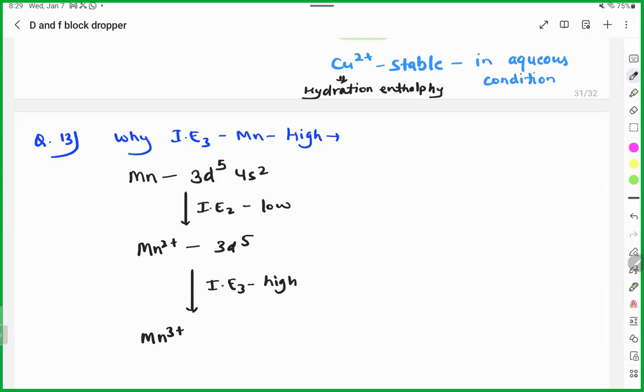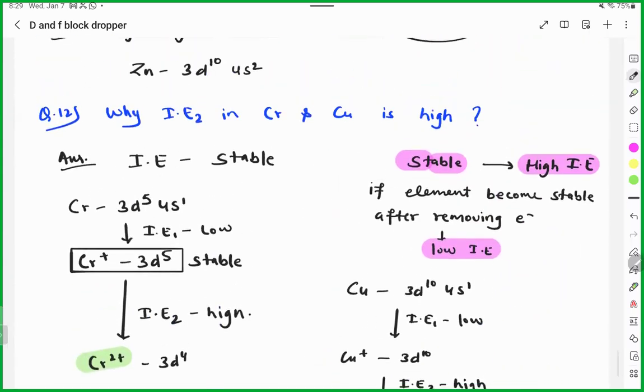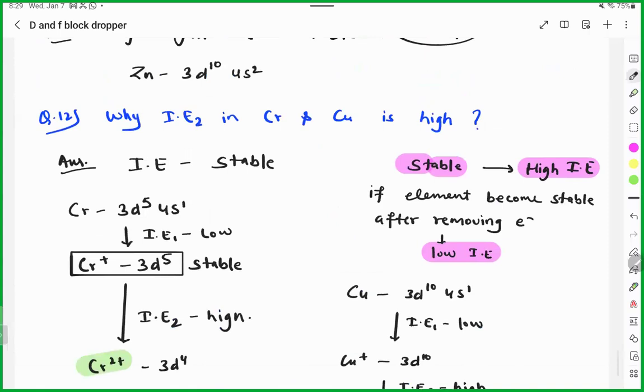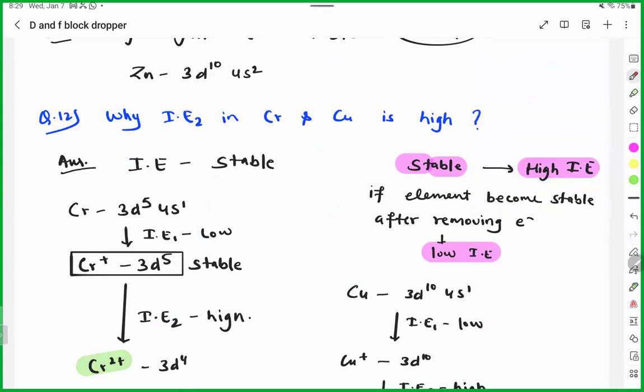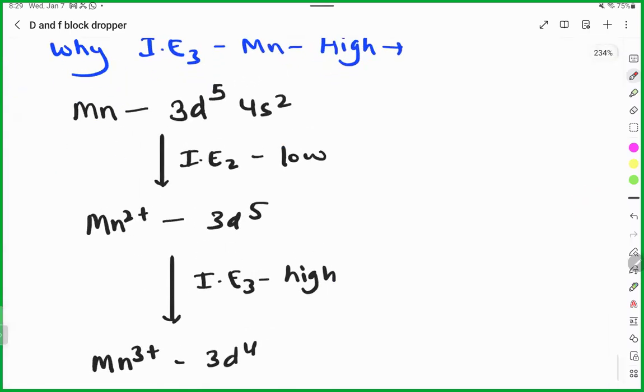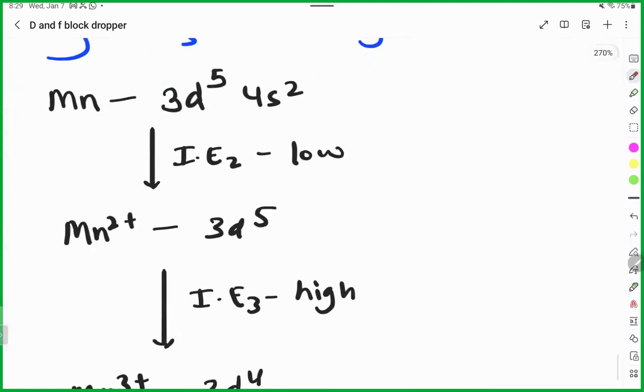So this is the thumb rule: if you have stable configuration and you want to remove electron from this, you need very, very high energy, and that's why ionization enthalpy is high. But if you make a stable configuration, for example here, if you remove the second electron, it becomes half filled, highly stable, then this will be low.